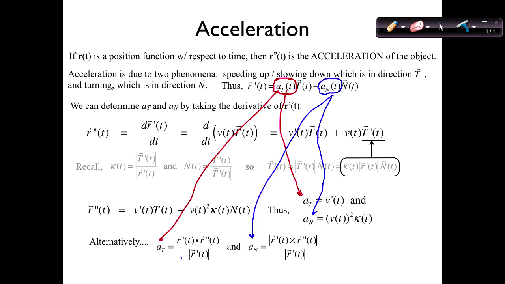Multiply that by the tangent vector, and together that would give me the vector function of tangential acceleration, direction and magnitude. Same thing, if I want the vector function for normal acceleration, I'll take the scalar function and multiply it by the normal vector function, and that will give me a vector function for the normal component of acceleration.